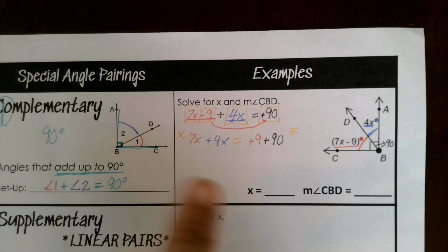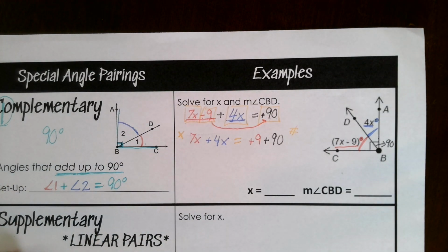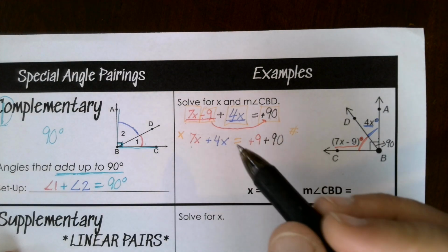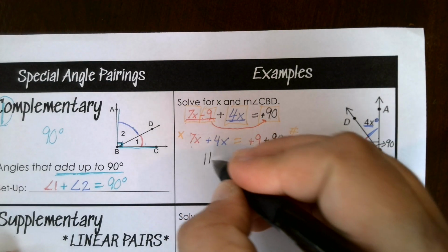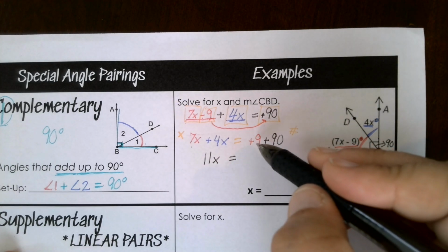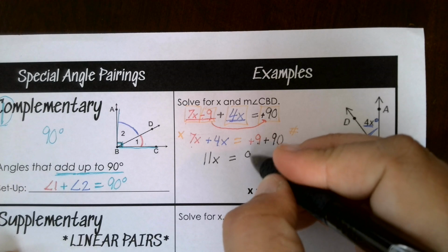Right? Now all x's are on one side, numbers with no x on the other. Now you combine terms. Group them. Okay? 7 and 4 are going to give you 11 x's altogether. Equals 9 and 90 altogether equals 99.